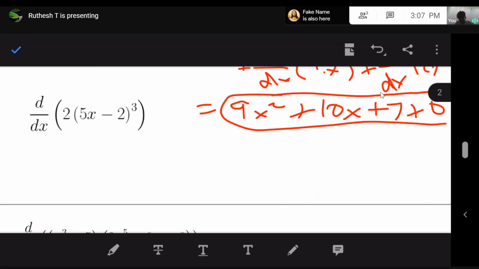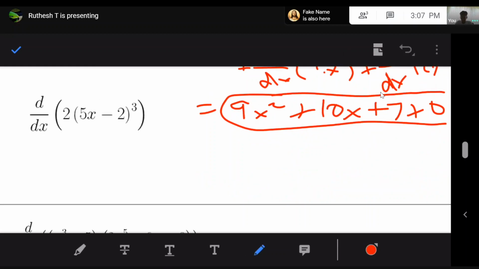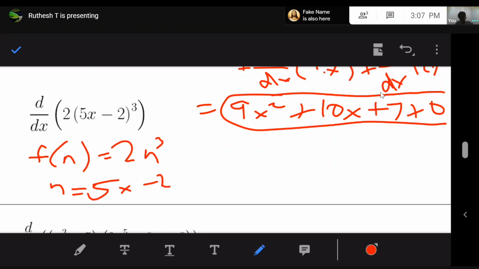And for the second one, we're going to need to use chain rule. You use chain rule when there's a function inside of a function, basically. So in this, the outer function would be f of n equals 2n cubed, and the inner function would be n equals 5x minus 2. When you substitute in n, you get the original problem.